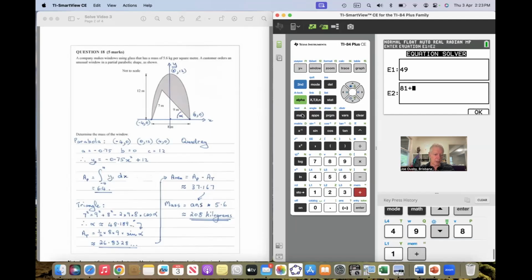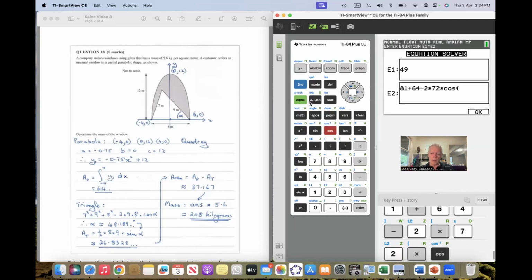Plus, and of course, this is tempting as well. 8 squared is 64. Now, then I'm actually just going to type what's there, although 2 times, and I do know that 9 eighths are 72, so I could actually just write that. And then press times, and it's the cosine that I want of alpha.